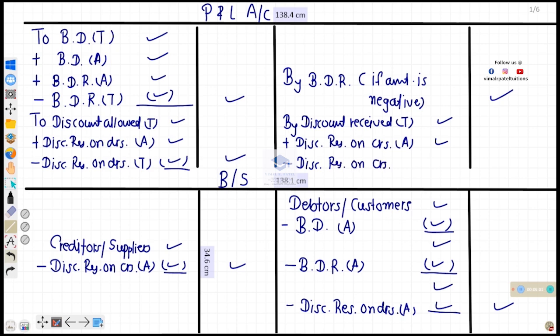And balance of discount reserve given in trial balance will be subtracted. So you can see the item of adjustment will be having two effects, one in P&L account, the other in balance sheet. So these are the adjustments of bad debt reserve, discount reserve on debtors and discount reserve on creditors.